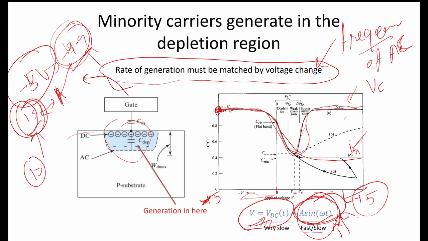For 1 second we are staying at a constant VDC voltage, and then we are moving to the next voltage. If this sweep rate we are reducing, I have reduced it from 1 second to 0.5 second. Okay, I am measuring, so in this region it will be measured easily because there is no generation happening.